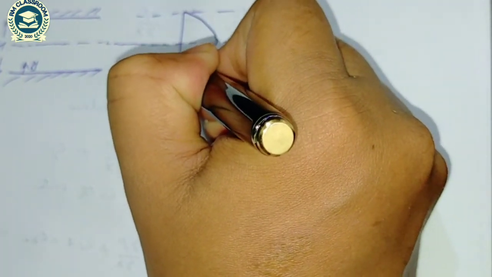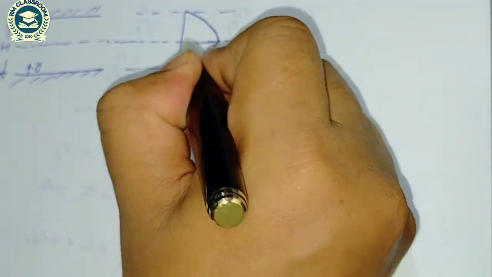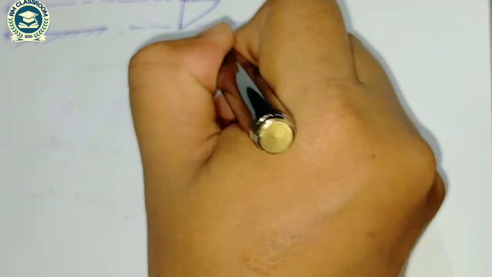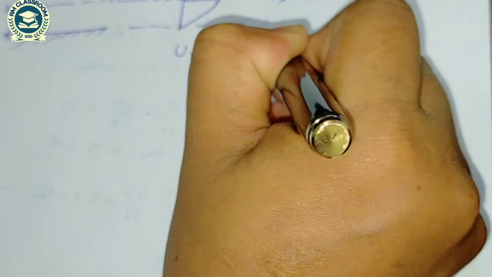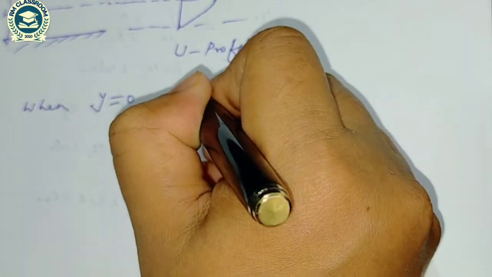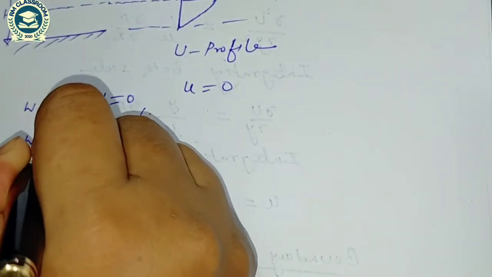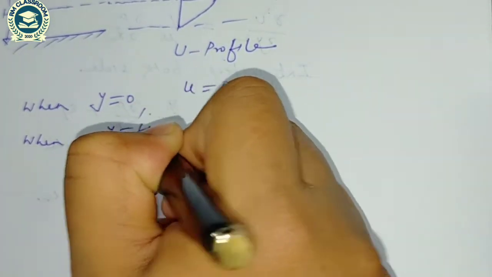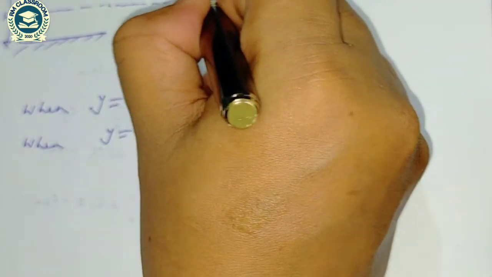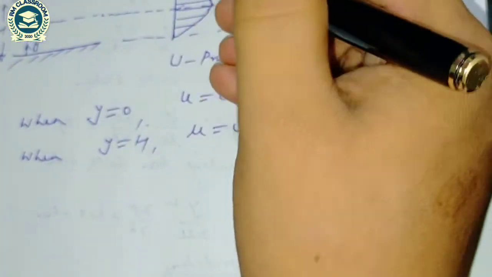So this is our velocity distribution, the u profile. We can write when y is equal to 0, u is equal to 0, and when y is equal to h, u is equal to 0. We have already discussed the boundary conditions we have taken.